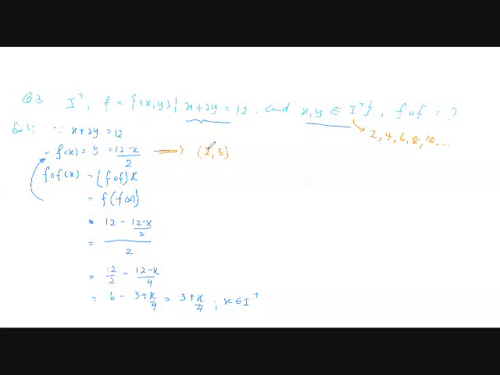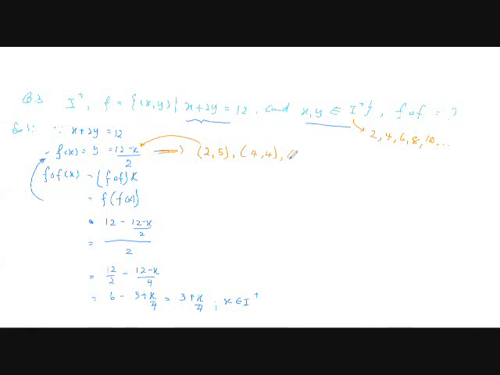You replace 2 in here, paste 2 in here, so it becomes 10 over 2, so we get y equals 5. Now the next, if x equals 4, do the same way. 12 minus 4 becomes 8, 8 divided by 2 becomes 4.